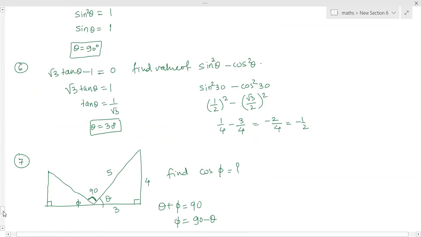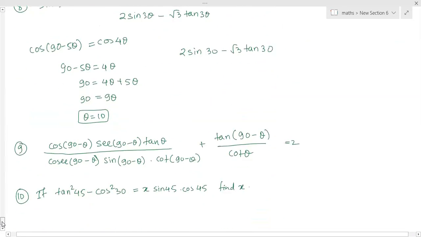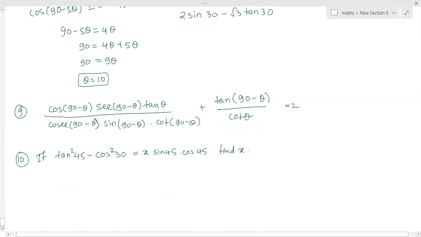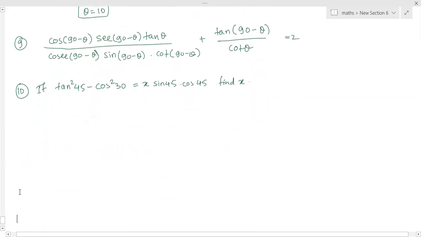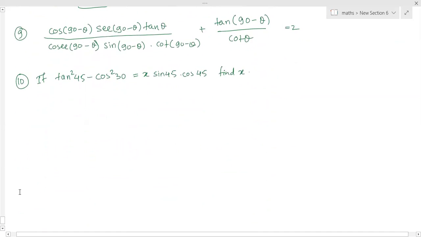Sorry. Ma'am, for the 8th question, I'm getting the value as 0. Yes, so we are doing the 8th one. No, ma'am, I was getting confused somewhere. So now I got it.